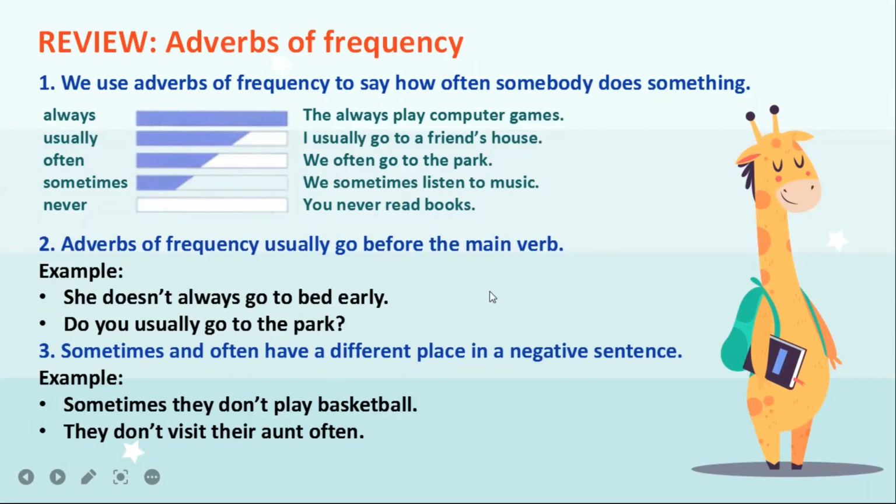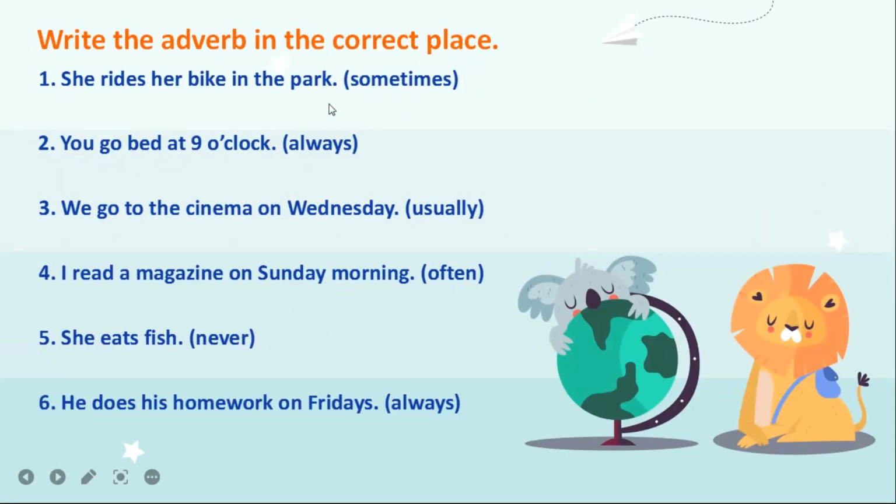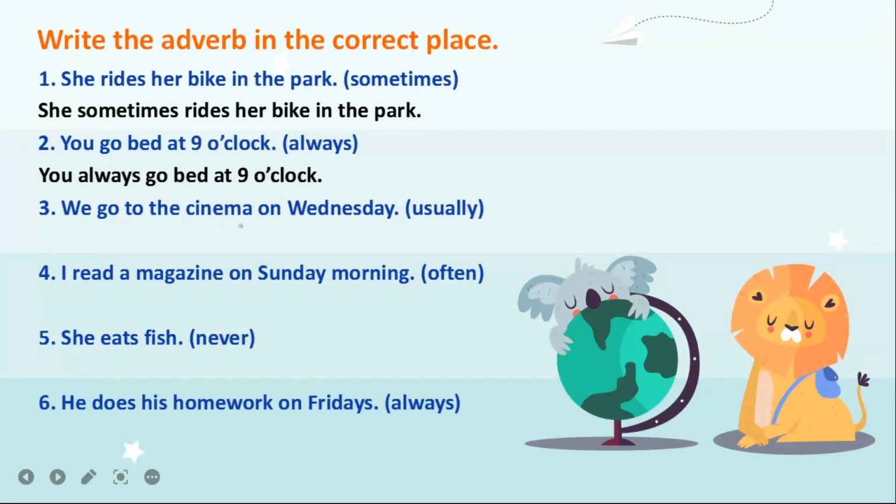Yes. Okay, so let's proceed with this one. I want you to write the adverb in the correct place. She sometimes rides her bike in the park. Very good. Two. You always go to bed at 9 o'clock. Great job. Number three. We usually go to the cinema on Wednesday. That's right. Continue. I often read a magazine on Sunday morning. Very good.